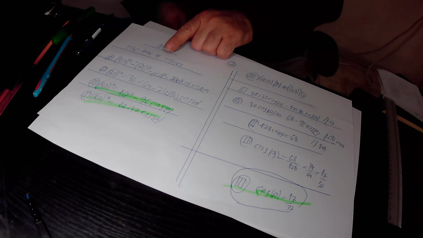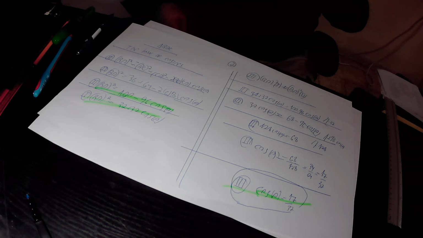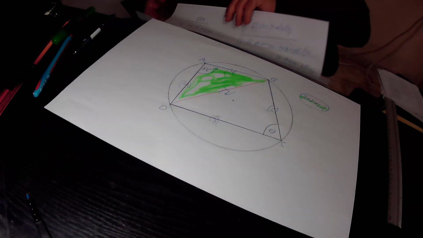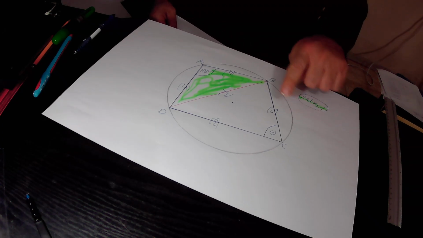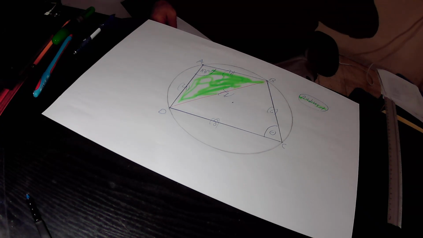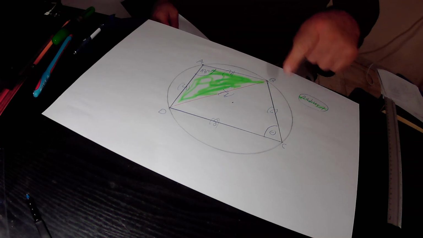So BD squared equals BC squared; BC is 6, therefore BC squared is 36, plus CD squared; CD is 8, therefore CD squared is 64, minus 2 times BC, that is 6, times CD, that is 8, times cosine theta.